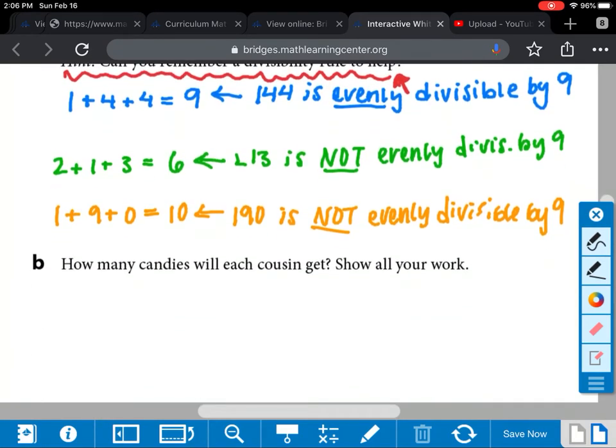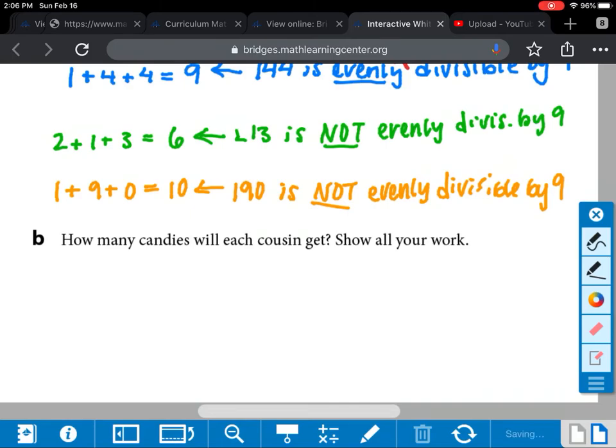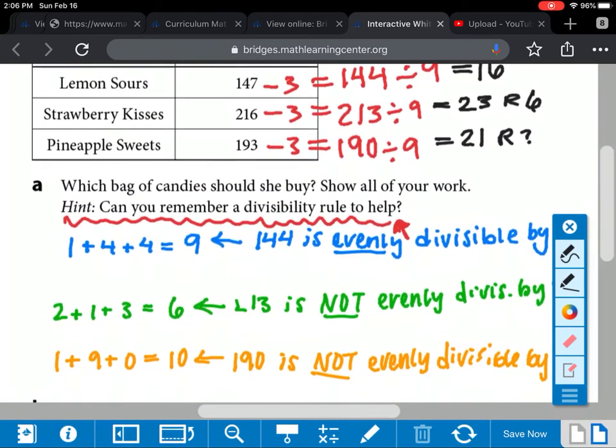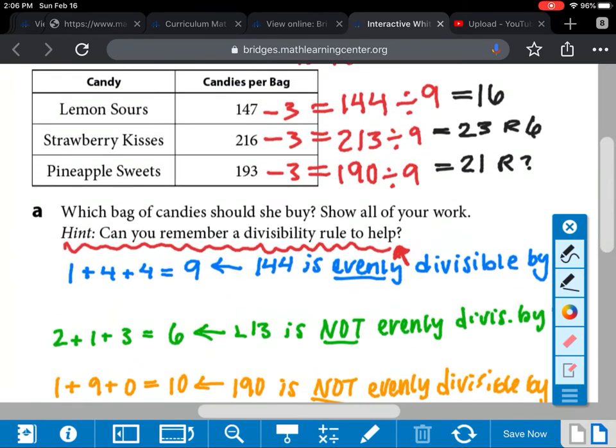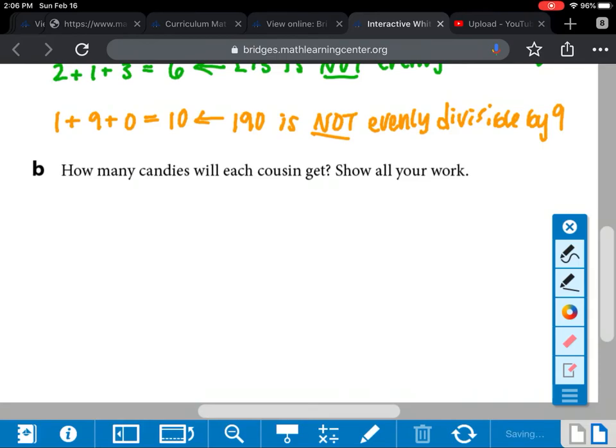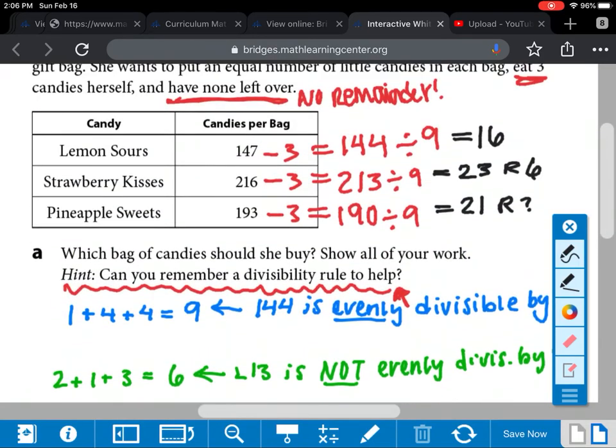Now, if we scroll down, oh my gosh, I accidentally just solved this problem. So when we divide our number of candies by 9, we're saying there are 9 cousins and we're splitting up those 144 candies between them.